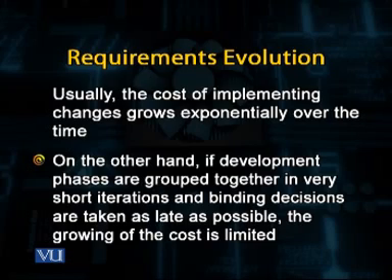What happens is, most of the time, as involved with the expense, if the binding decisions are made earlier in the project, then to make changes that affect those binding decisions is certainly going to be expensive.